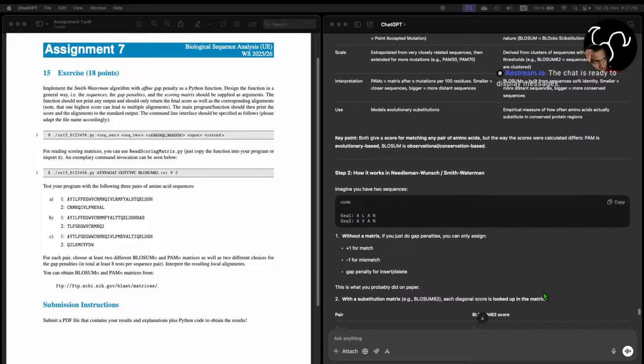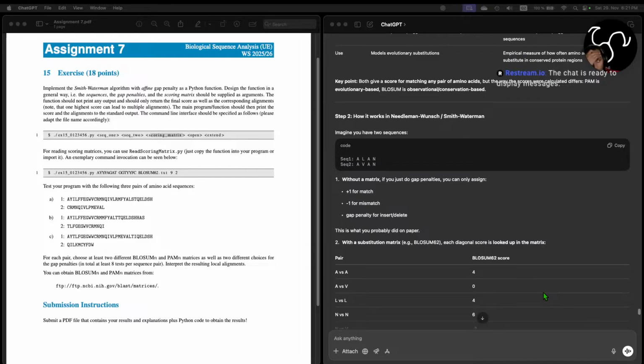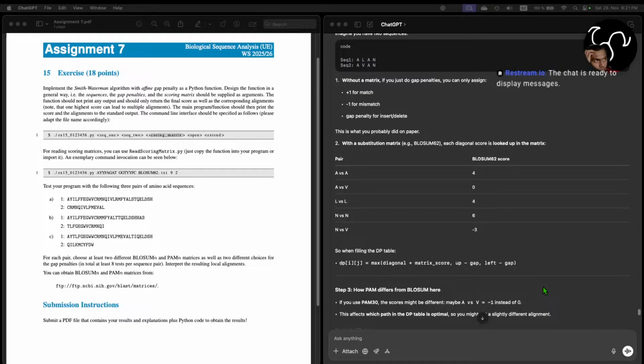Each diagonal score is looked up in the matrix, like A versus A. So when filling the DP table, how PAM differs from BLOSUM here: if you use PAM30, the scores might differ. I need to understand more, I guess.